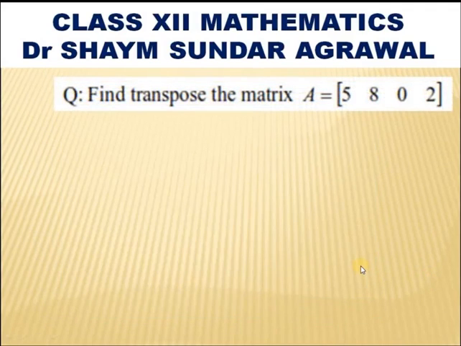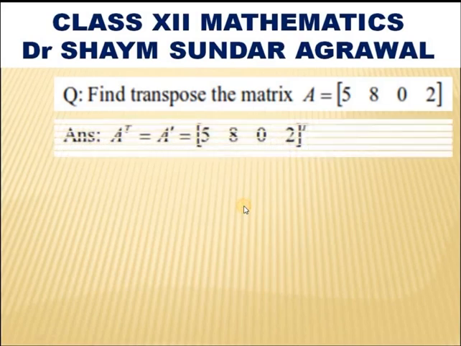Let us take one more example. Find out the transpose of the matrix [5 8 0 2], a matrix having 1 row and 4 columns. So the order of this matrix is 1 into 4. So A transpose: that row now changes to a column.